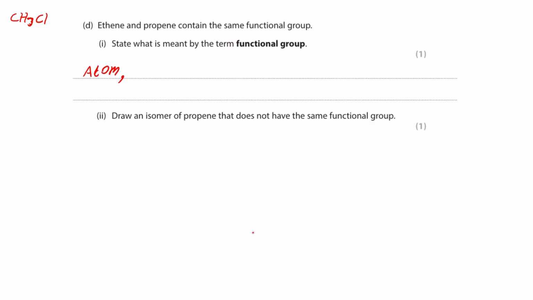How does propene become an alkene? It's a bond. So you can say bond, or you can call it part of a molecule.